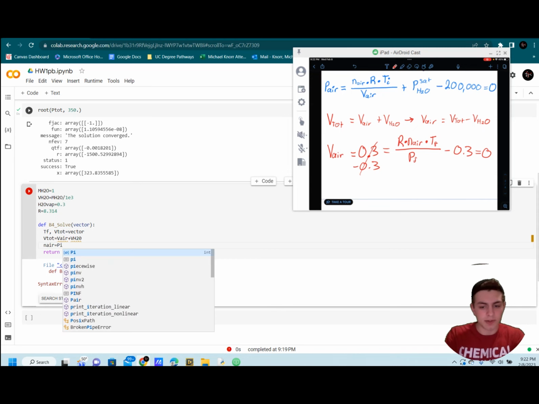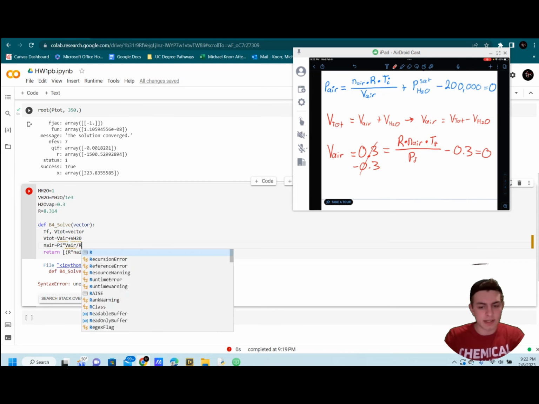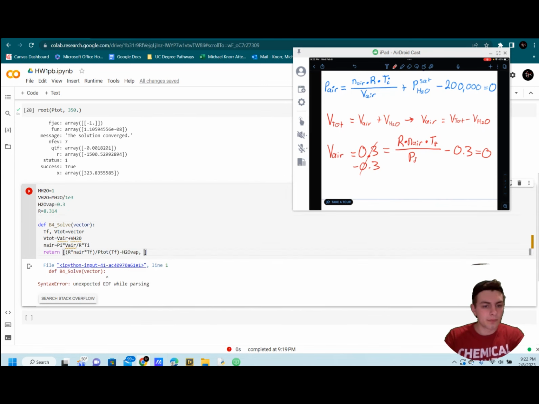So it's going to be our initial pressure, and then our volume of the air, I'm sorry, these are going to be multiplied together, divided by the ideal gas constant multiplied by the initial temperature.